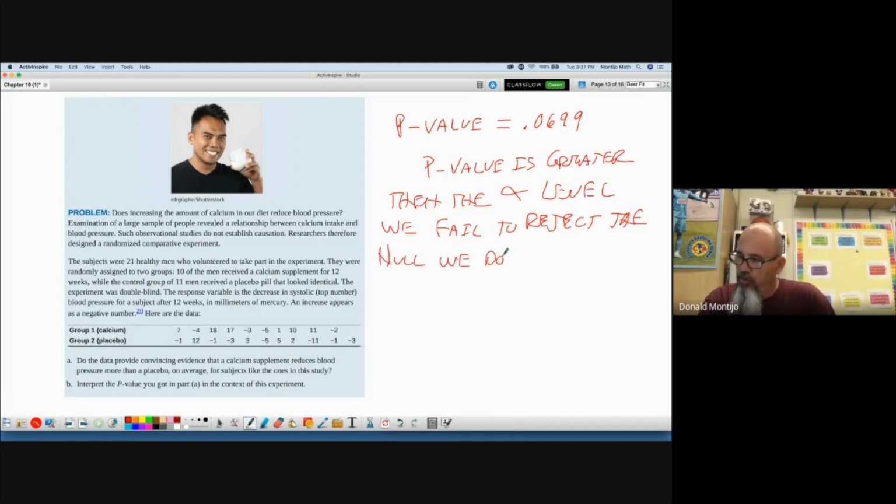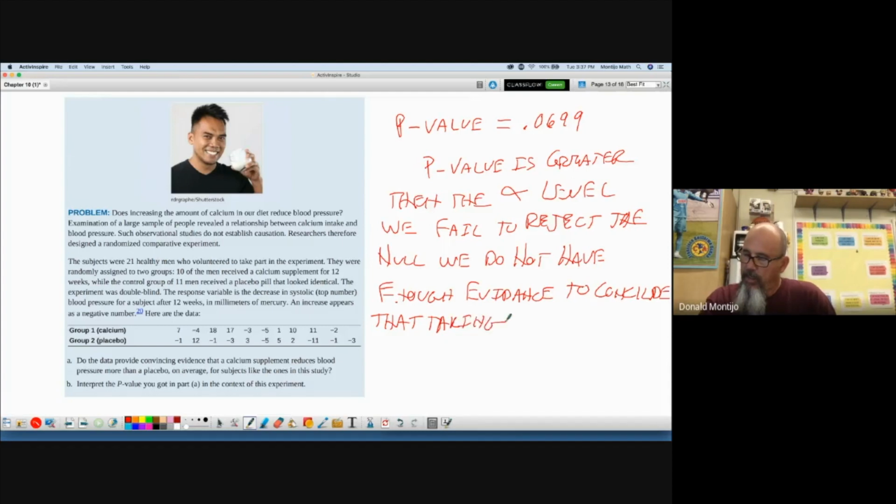We do not have enough evidence to conclude that taking calcium reduces blood pressure.